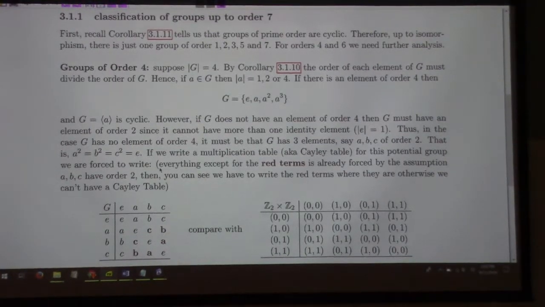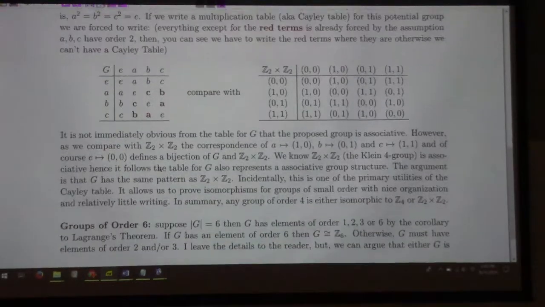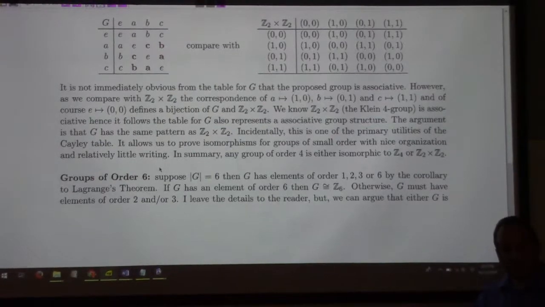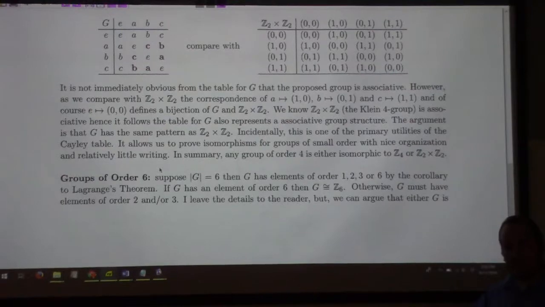And then order 6 is a little bit trickier. Order 6, you can only have elements of order 1, 2, or 3. So either you have a cyclic group of order 6, right? Or if you have not a cyclic group, you have to have elements of order what? 2 or 3. So you have to have 5 elements which either have order 2 or 3 if the group is not cyclic.